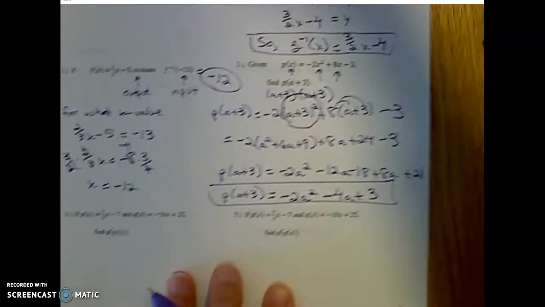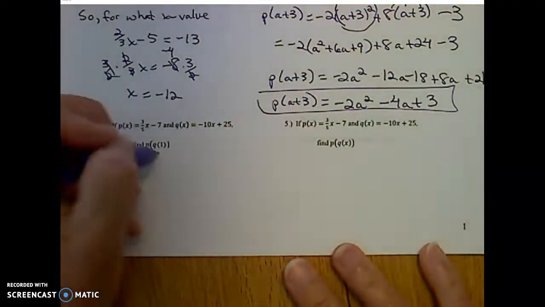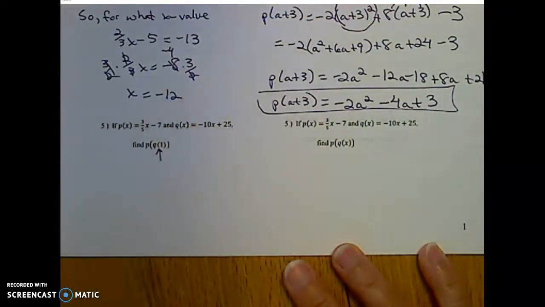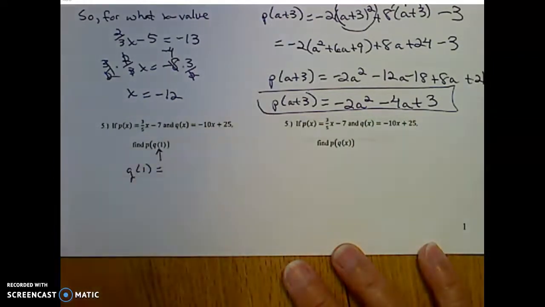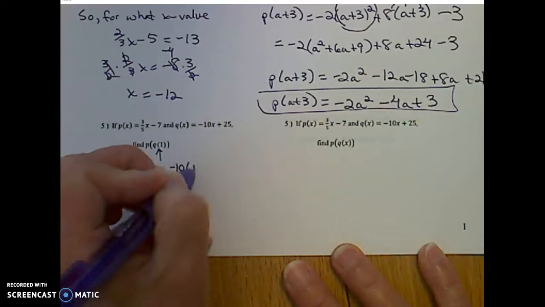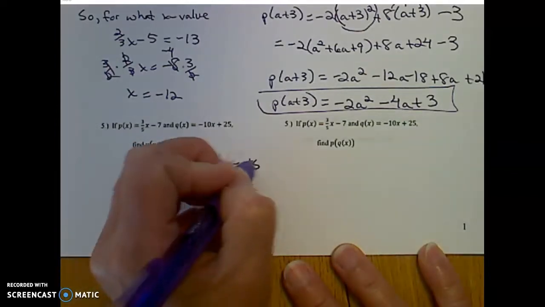Alrighty. Speaking of composition of functions, here's a little review of some composition of functions. Remember, we work from the inside out. So I'm curious what q of 1 is. Q of 1 is negative 10 times 1 plus 25, which is negative 10 plus 25, which is 15.